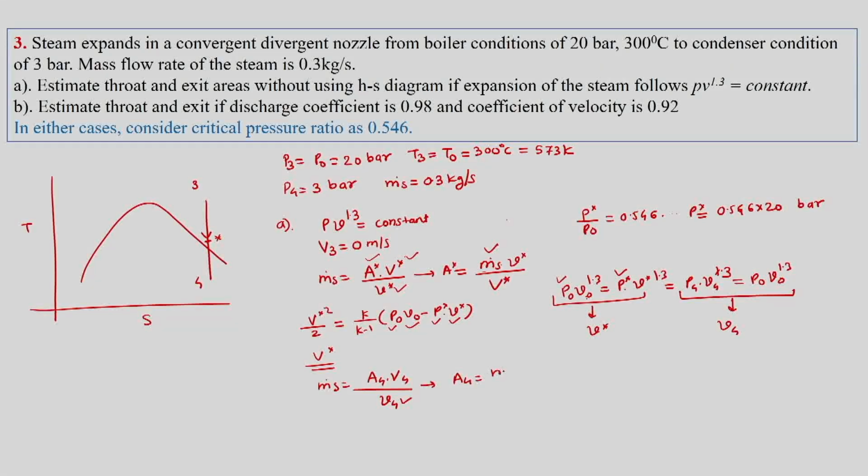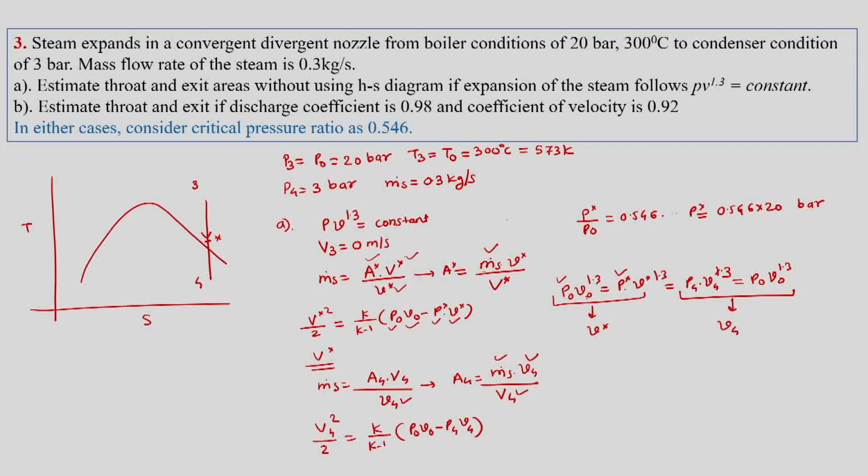A4 is equal to m dot s v4 divided by V4. These two things are known, so we have to find V4. The same procedure we can follow: V4 square by 2 is equal to K upon K minus 1, P naught V naught minus P4 v4, where v is specific volume. Knowing these things, we find the velocity at the exit, and then we can put it in and find the area.